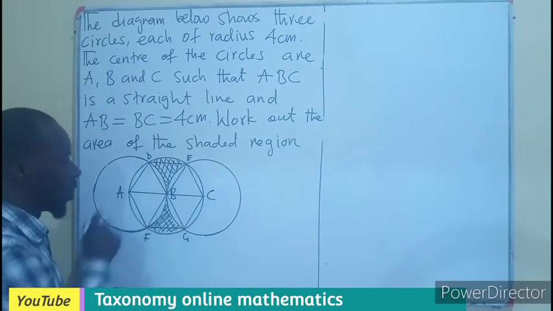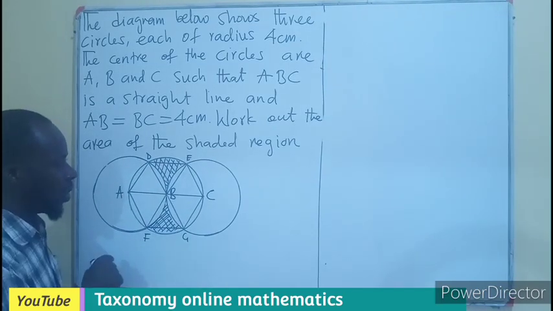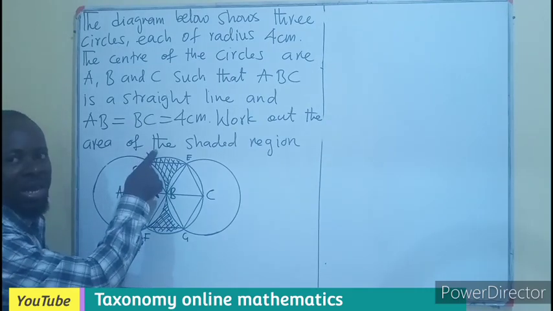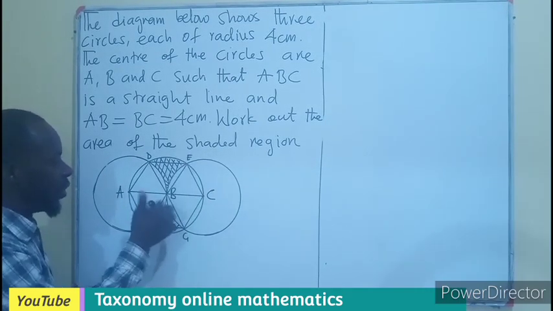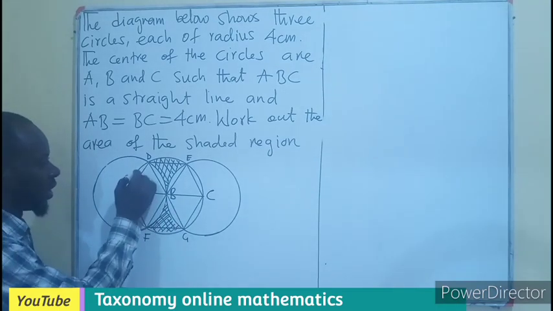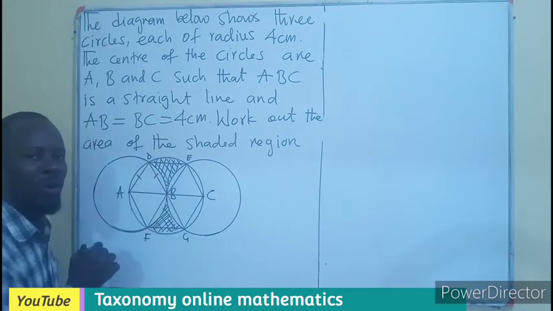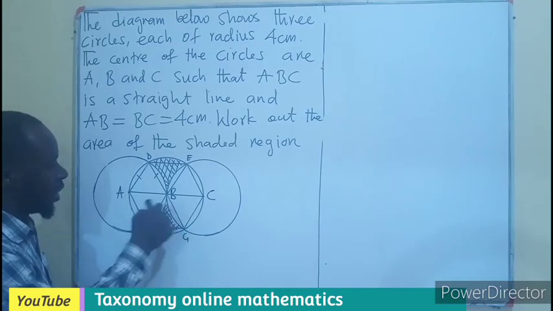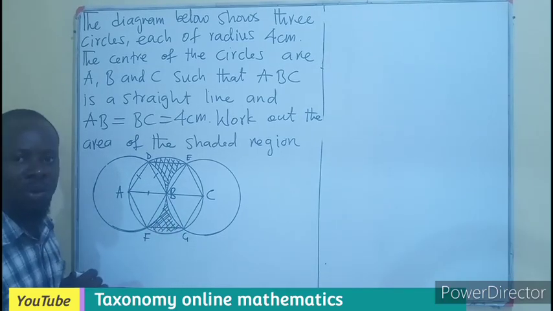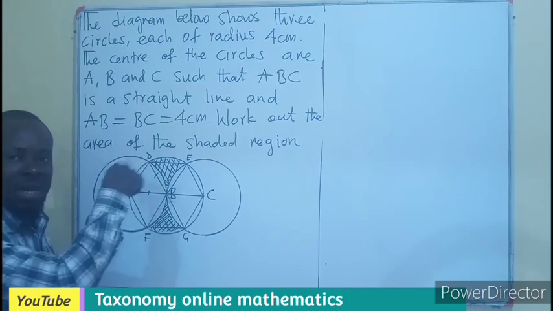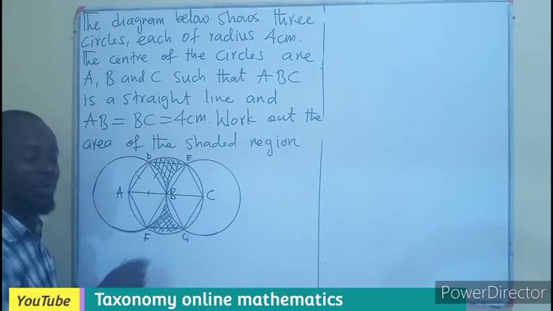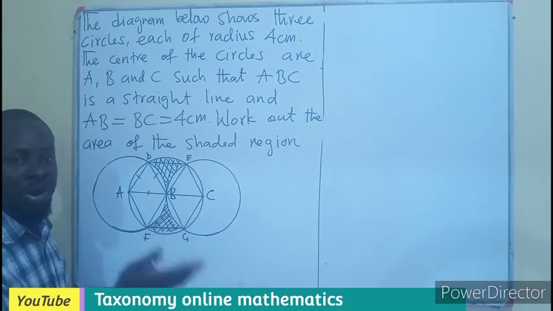FG will also be a chord. AD will be a radius. EC, radius. EB, radius. Since they are all radii, they are equal. AB is also a radius, so all the lines we drew to join the points B, D, E, F, G will all be radii.